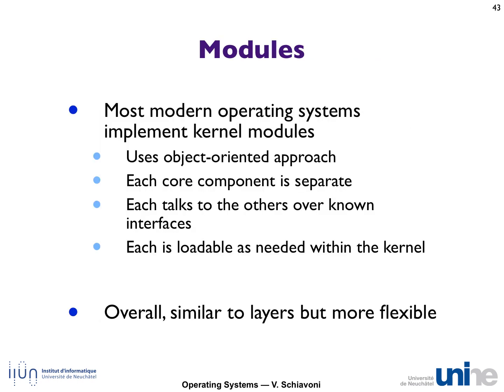Now, when dealing with additional functionalities, most of the most recent kernels implement modules. These allow programmers to use an object-oriented approach to provide new functionalities. That means these are easier to implement. Each of those modules is very well separated from the rest.